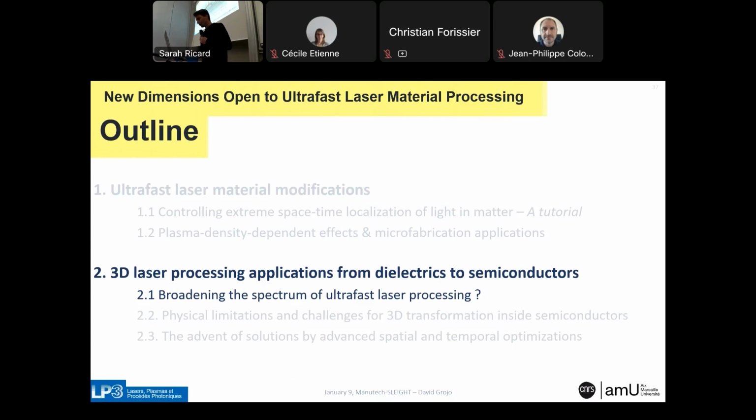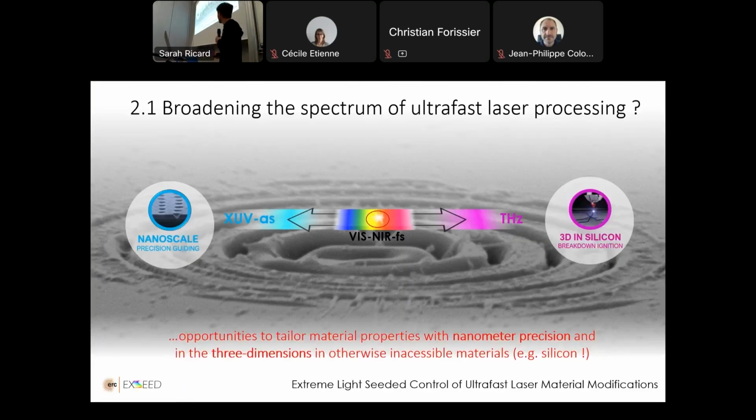To illustrate this view, my point is to comment on the fact that it is actually the same type of lasers we use for laser processing as the lasers we use in laboratories to create secondary sources that emit extreme radiations, from XUV pulses to the terahertz domain, that have opened great perspectives for fundamental sciences, but these extreme radiations are still not used for laser or material processing so far.